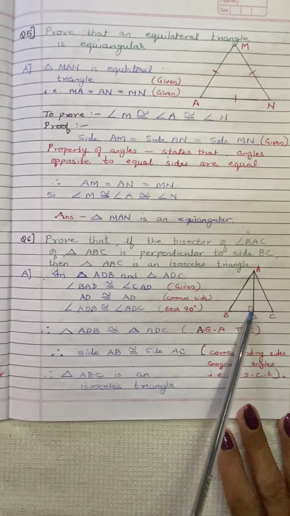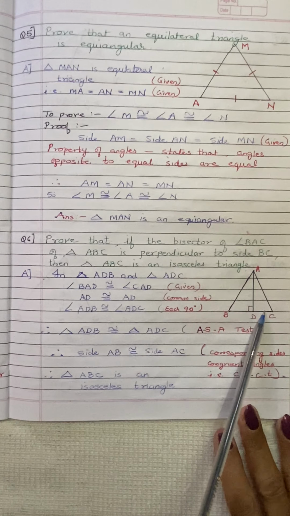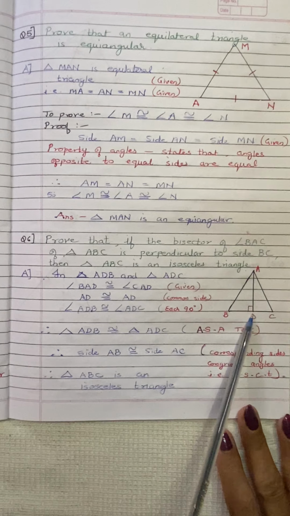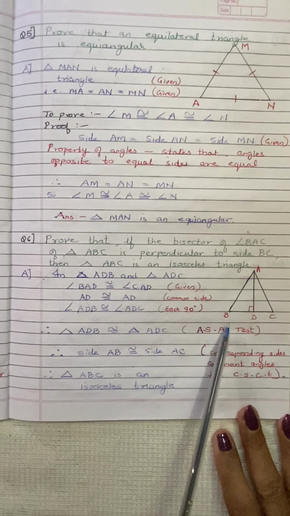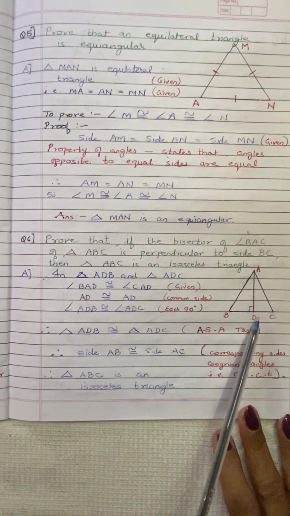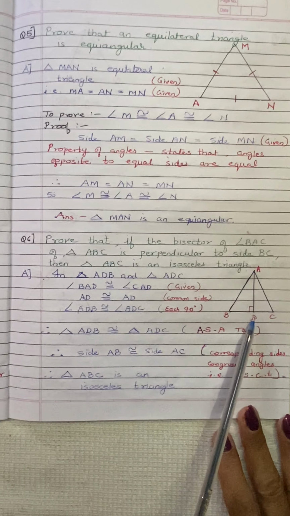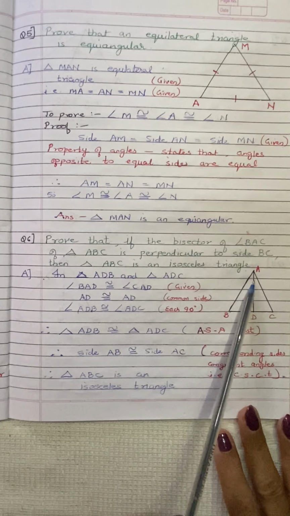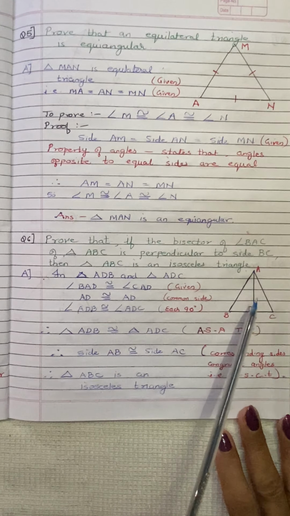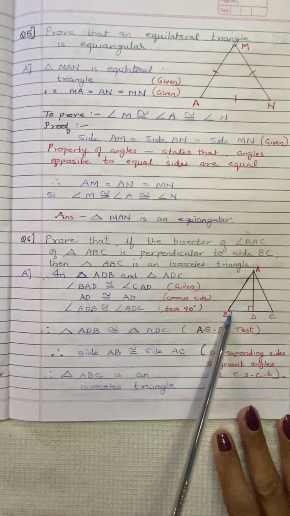Therefore, triangle ADB is congruent to ADC by ASA test, means angle, angle, and side.